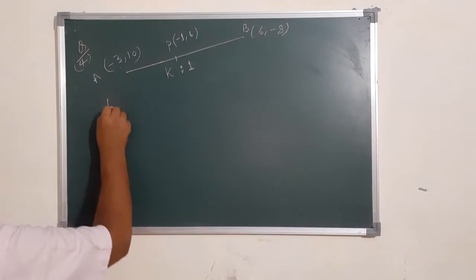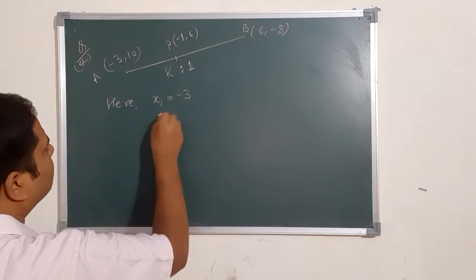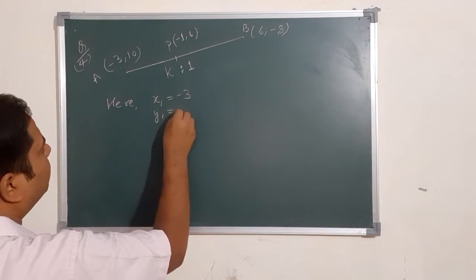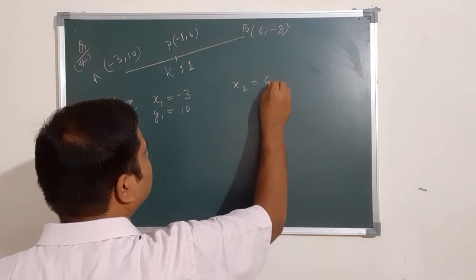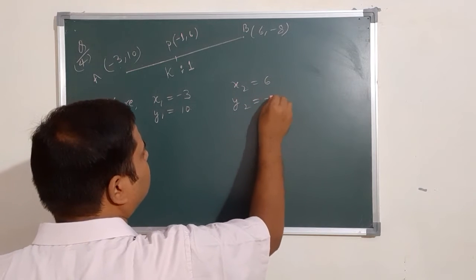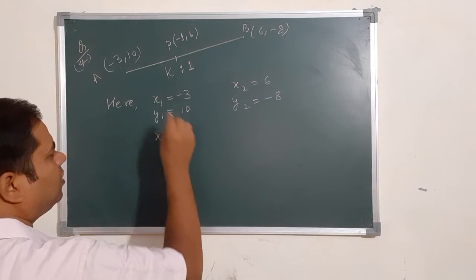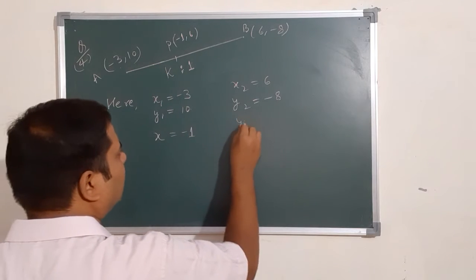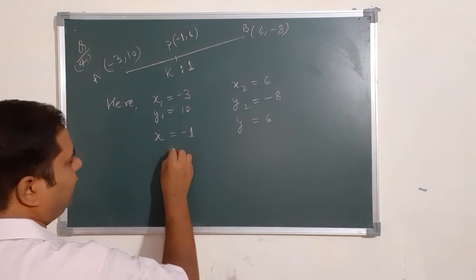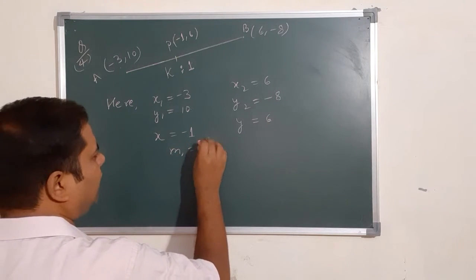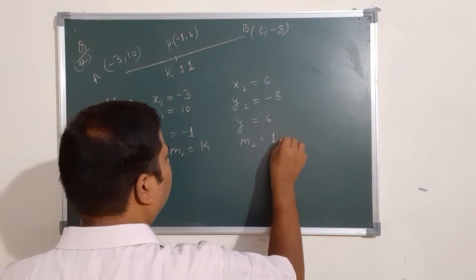So here X1 is -3, Y1 is 10, X2 is 6, Y2 is -8, X, the coordinate of point P, is -1, and Y is 6, and M1 is supposed to be K and M2 is supposed to be 1.